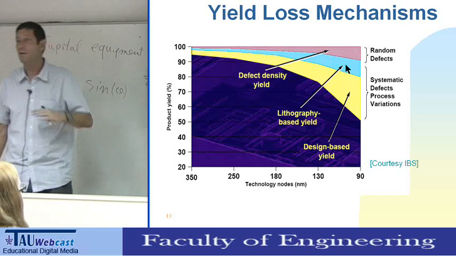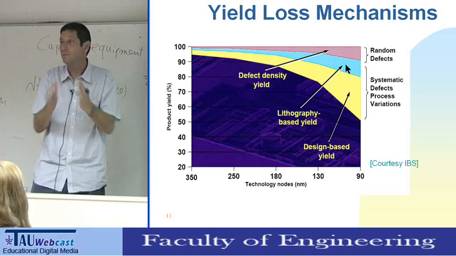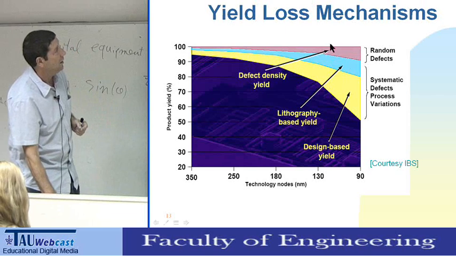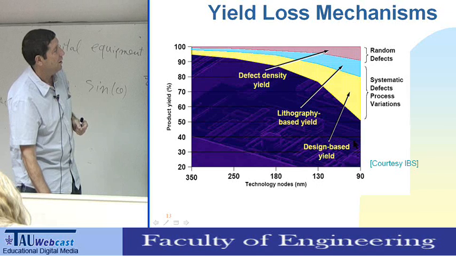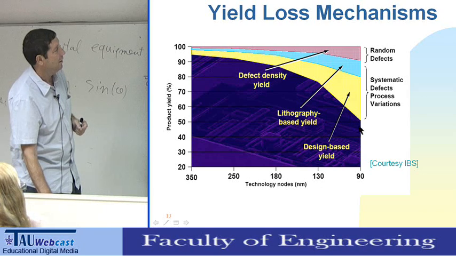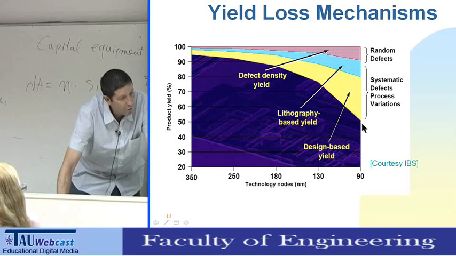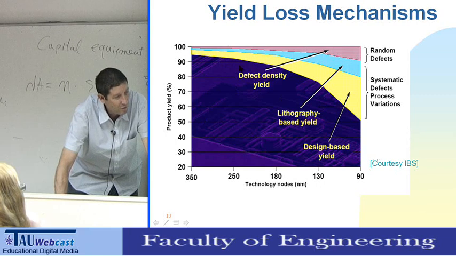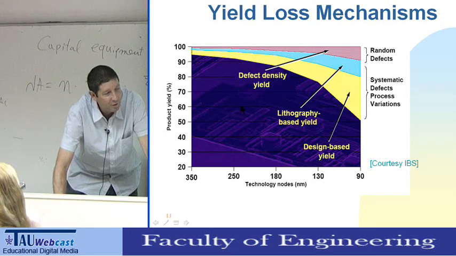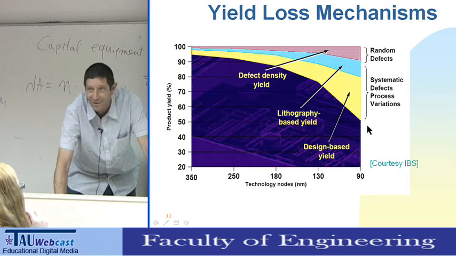Some variations, some defects, some problems with the lithography, because the lithography itself has some random properties. And you have the systematic defect, and also you have process variations. And this is called design-based yield. If you use the process of 350 nanometer, or similar technology, to produce a 90 nanometer, you get like 50% yield, which is unbearable.